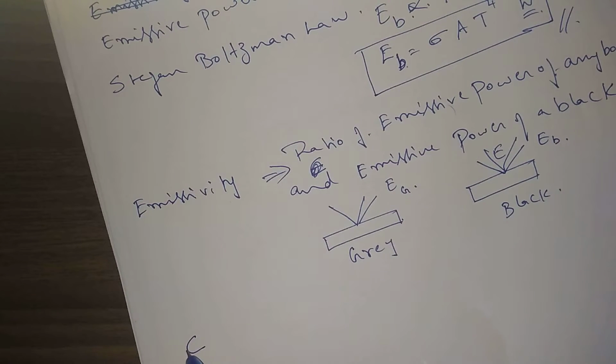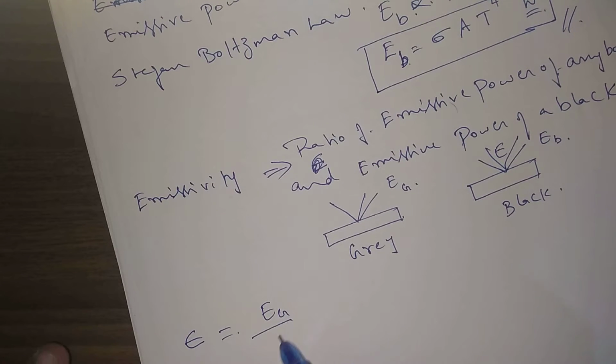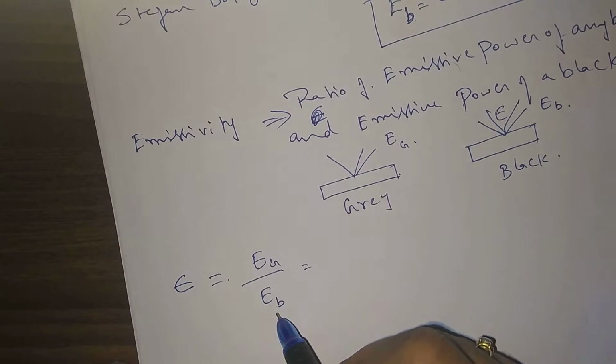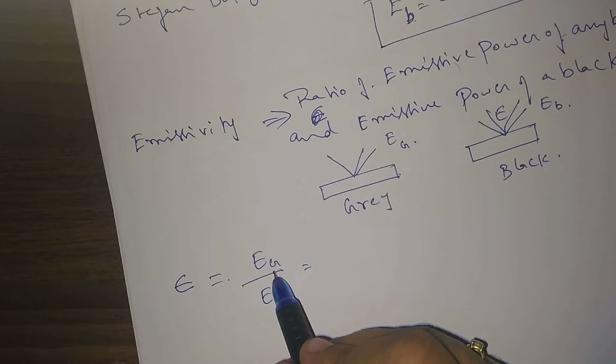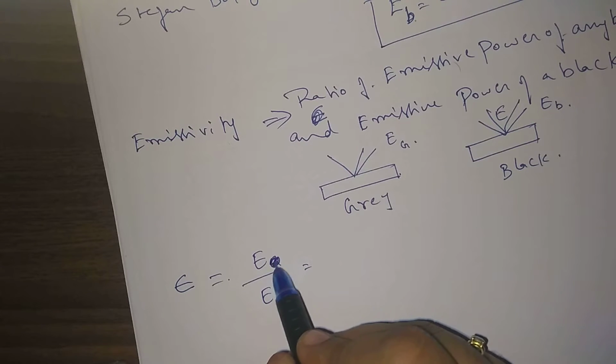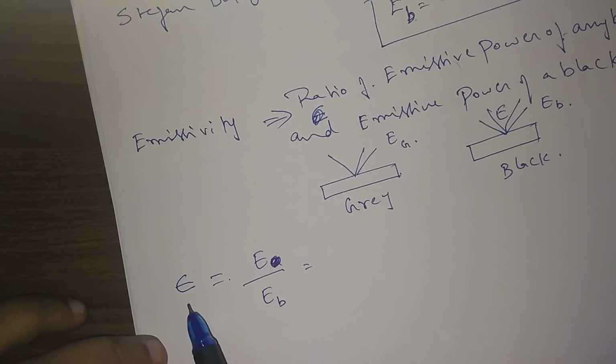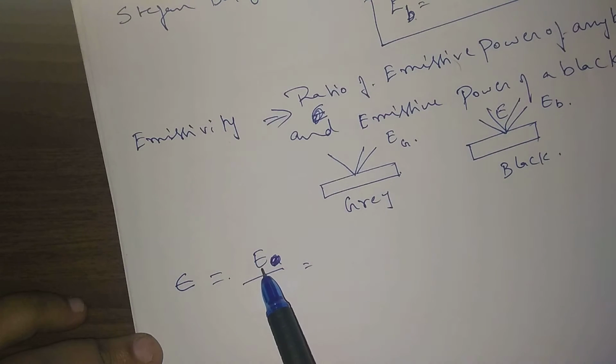So the emissivity epsilon is defined as the emissive power of the gray body divided by the emissive power of a black body. Are you able to understand? So E_g divided by E_b, or it need not be a gray body, any body for that matter. So epsilon is the emissive power of any body considered divided by the emissive power of a black body.